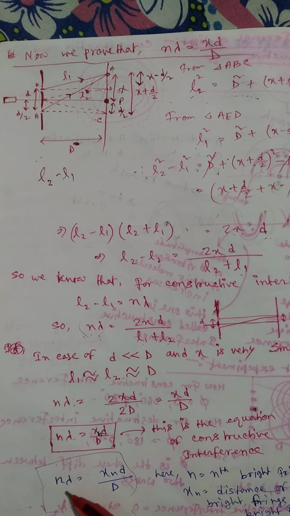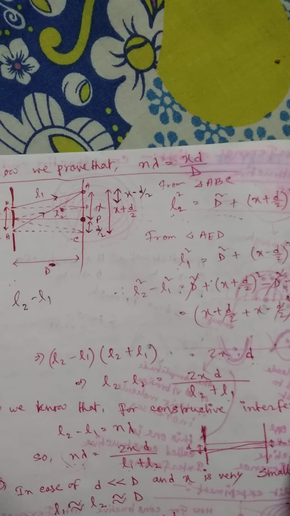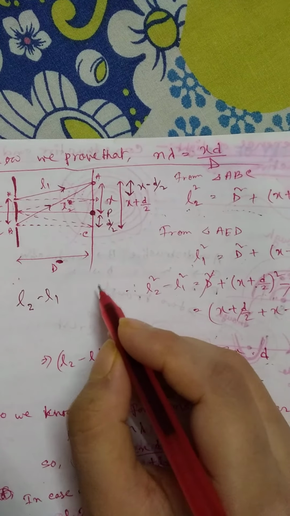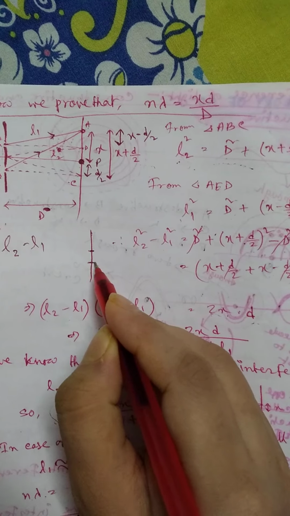Now I am going to find the fringe width. Suppose this is a screen and this is the central bright fringe.